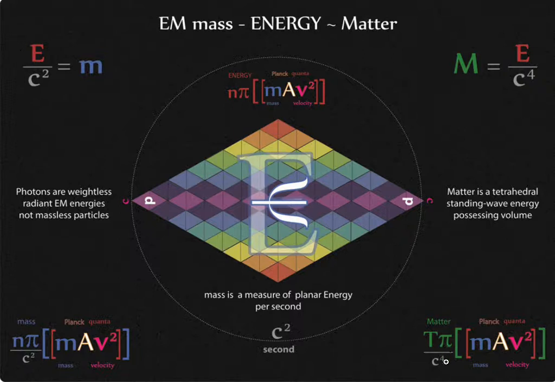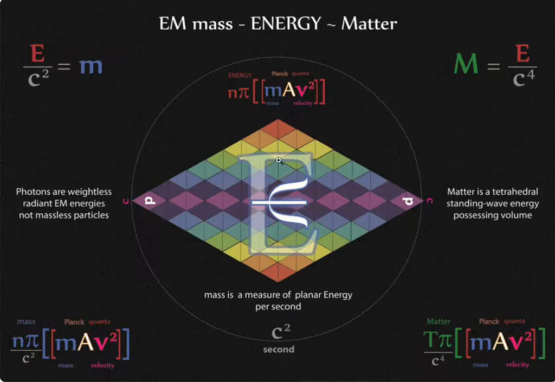But you cannot take c to the fourth measurements of c squared. So you cannot take matter measurements of mass. Another way of expressing this is that mass is a property of matter, but matter is not a property of mass.